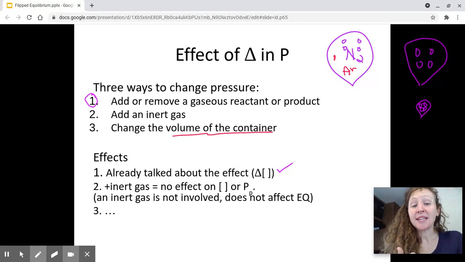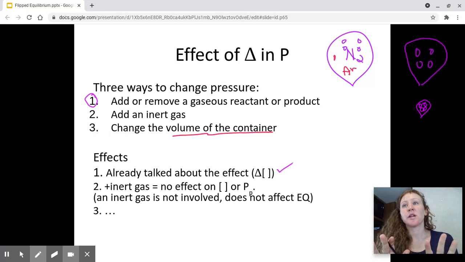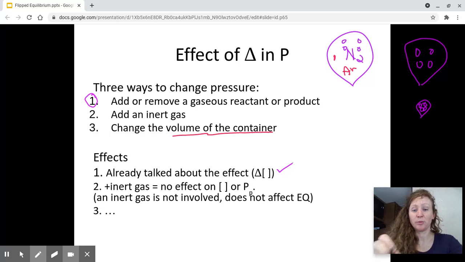If we add an inert gas, it is going to exert pressure equally on the reactants and the products. Since that inert gas isn't involved in the reaction, and isn't involved in the K equation, it's actually going to have no effect on equilibrium, right?